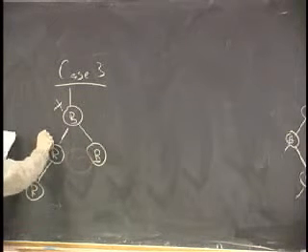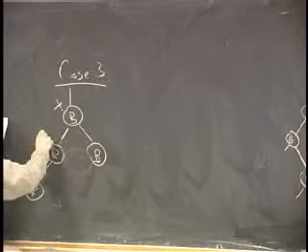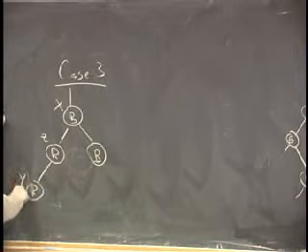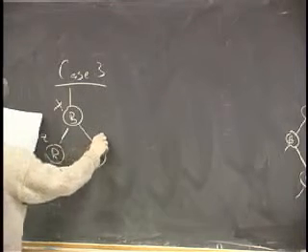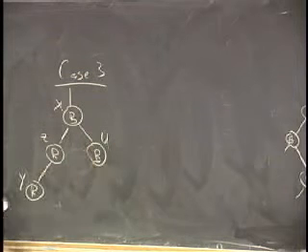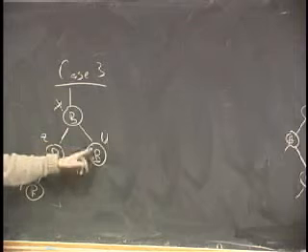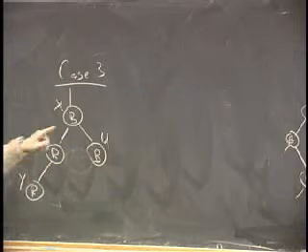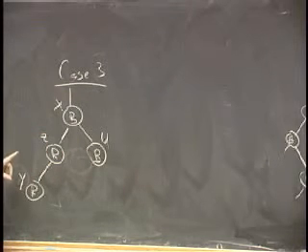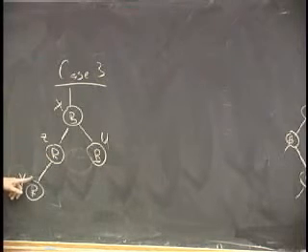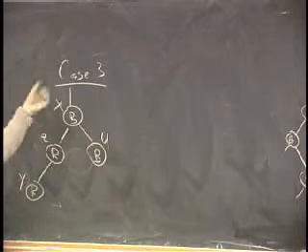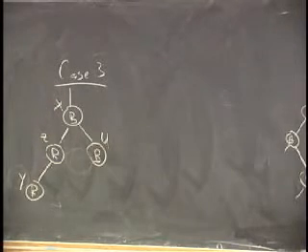X. I'll call it Z, Y, U. This is the case of a black uncle. So it's not the easy case 1. But it's the good case of a black uncle because the direction here is opposite the one here. So we can go ahead and rotate it to the right. And that's what we're going to do.